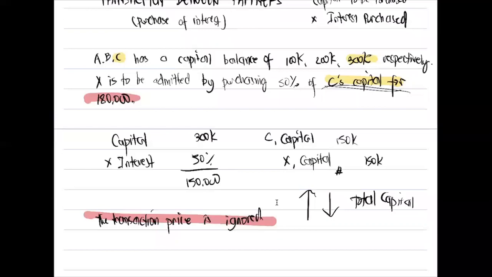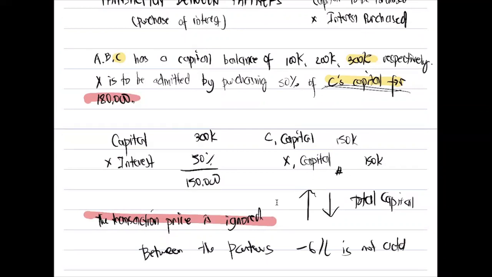It will not be accounted under the books. What will be accounted under the books is only the transfer of capital from one partner to another partner. So here, we will only transfer the 50% from C to X. Whatever the gains or losses between C and X, they will not be accounted in the books because it is only between the partners.